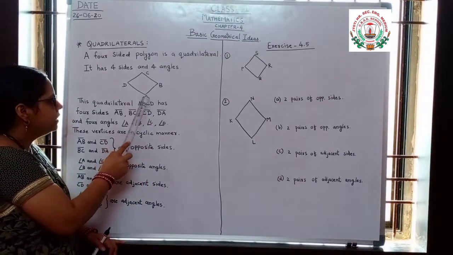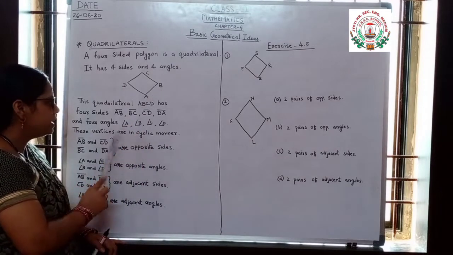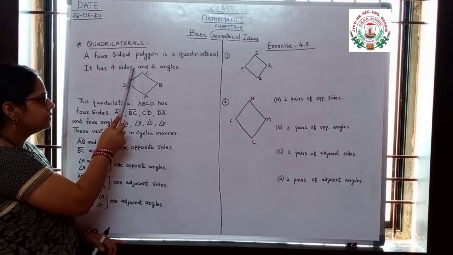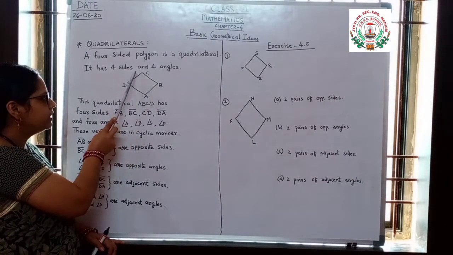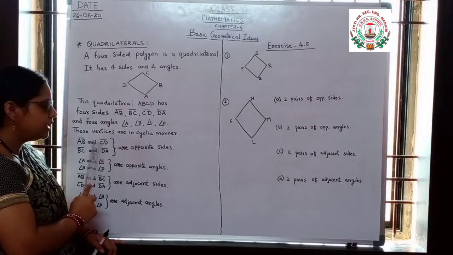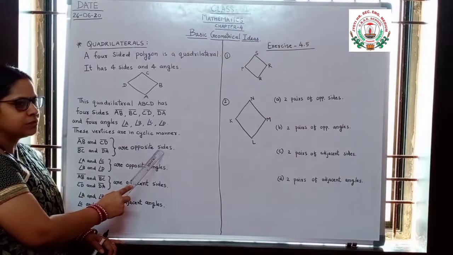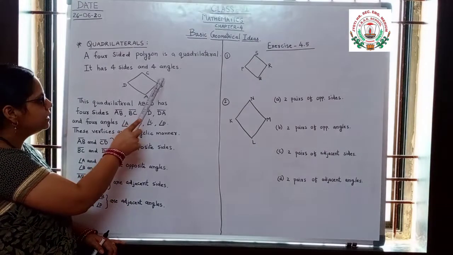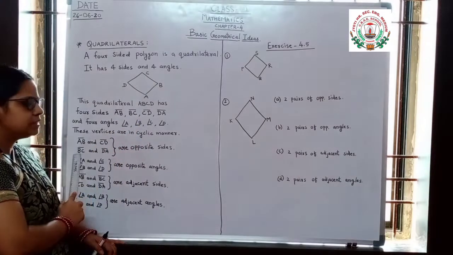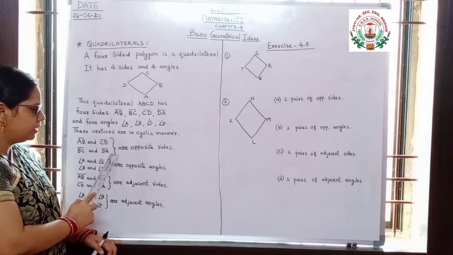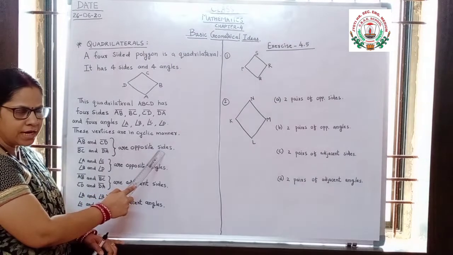Like AB, opposite to it, just in front of that, coming CD. So AB and CD are the opposite sides. If you are taking the other, BC, opposite to that is AD. So BC and AD or DA are the opposite sides.